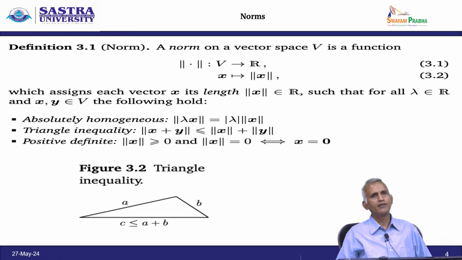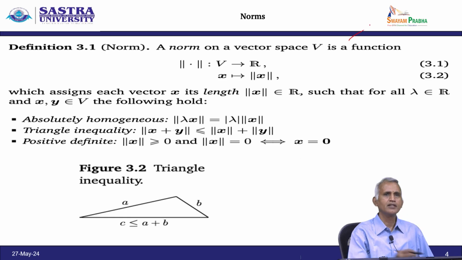Now, we have a definition. A norm on a vector space V is a function from V to R, which assigns each vector x its length, norm of x in R, such that for lambda in R and x, y in V the following holds.